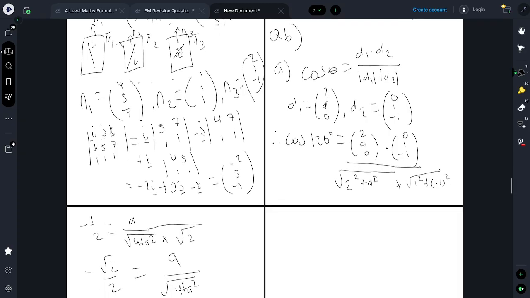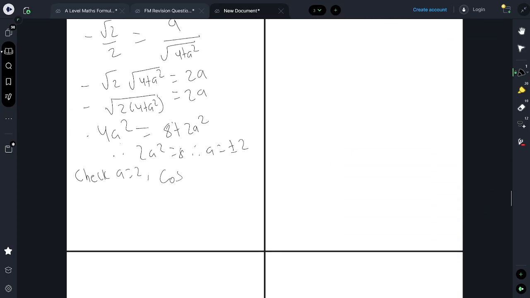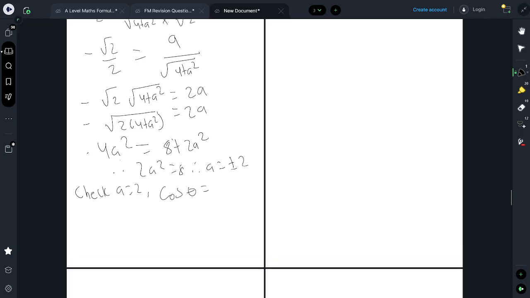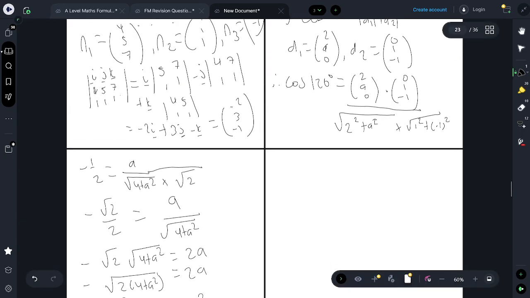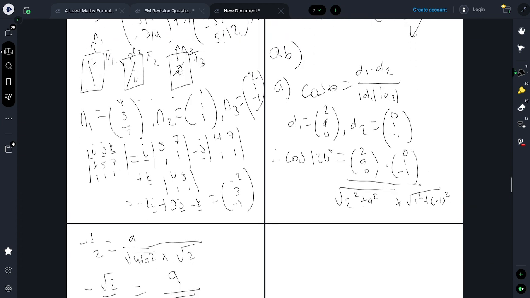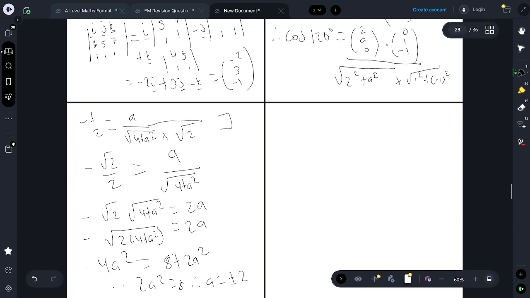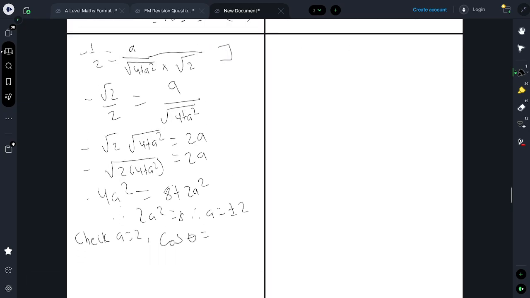So cos theta would be the result here, a over root (4 plus a squared), 2 over root (4 plus 4), which is root 8 times root 2, that's root 16, which is 4.